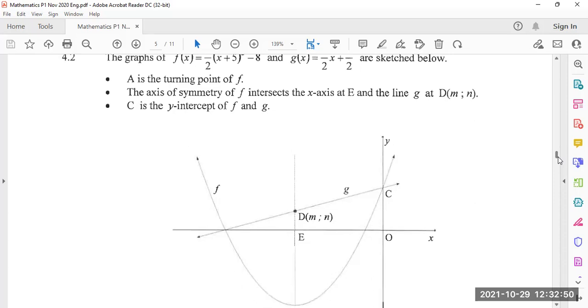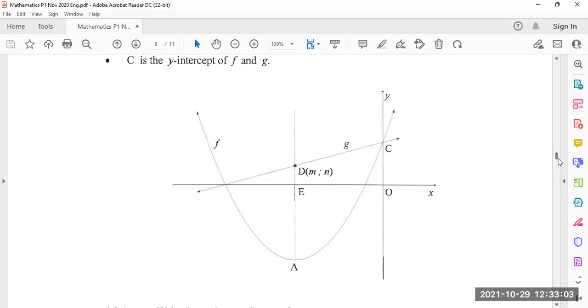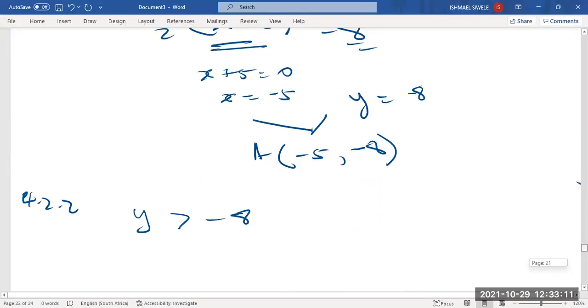So if you look at the points D, E, and A here, you can see that they will have a common x value. And that x value is what? It's -5, right? From the coordinates of the turning point. That common x value is -5. Remember, we did see that it's -5.